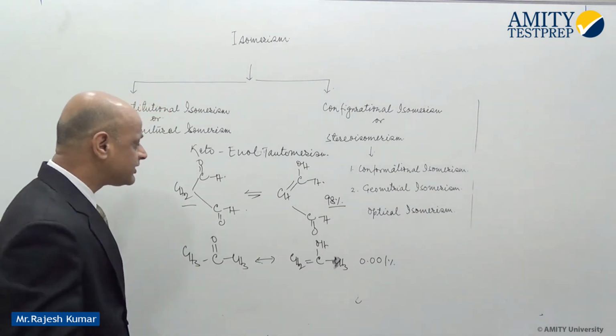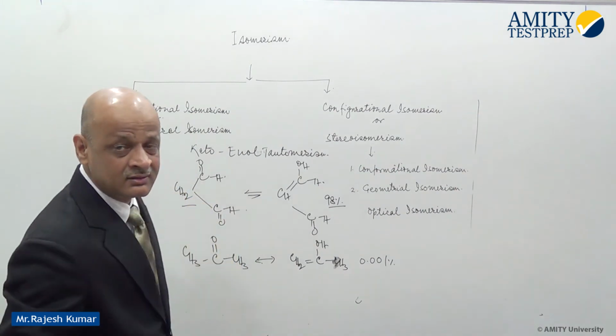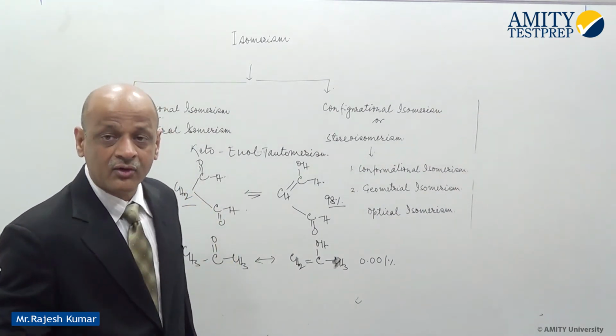Another factor that is responsible for the stability of keto-enol tautomerism is the intramolecular hydrogen bonding.